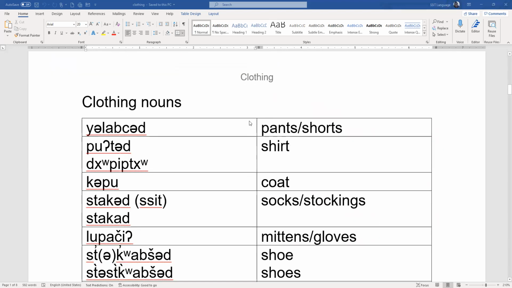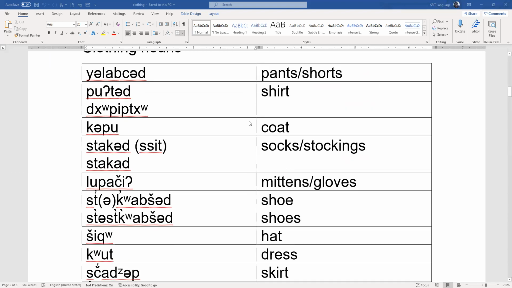All right. So let's run through these. Talsh, teed, yalabsit. Talsh, teed, putat.